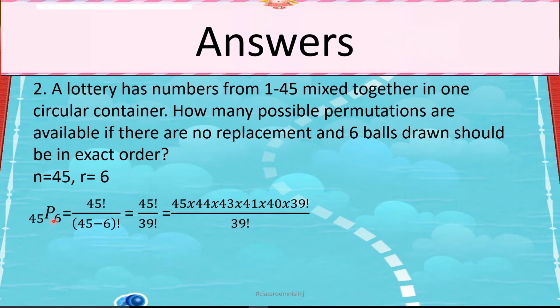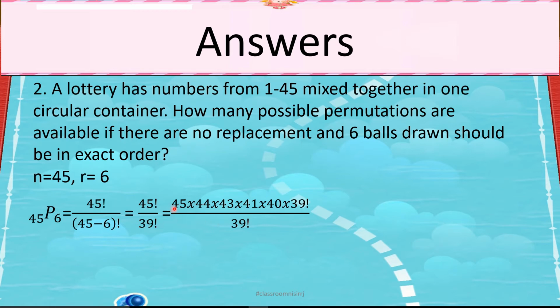Therefore, when we put this into our formula, we will have the permutation of 45 taken 6 at a time. Thus, 45 factorial over 45 minus 6 factorial. Therefore, we will have 45 factorial over 39 factorial.